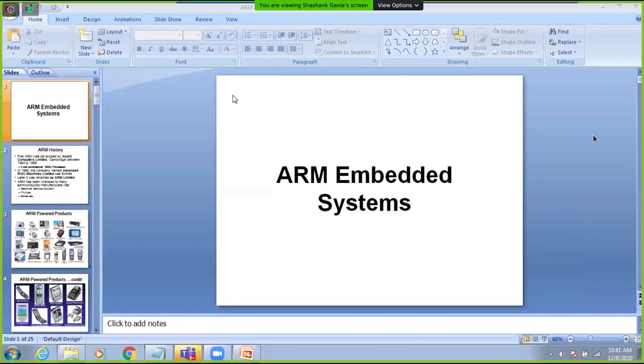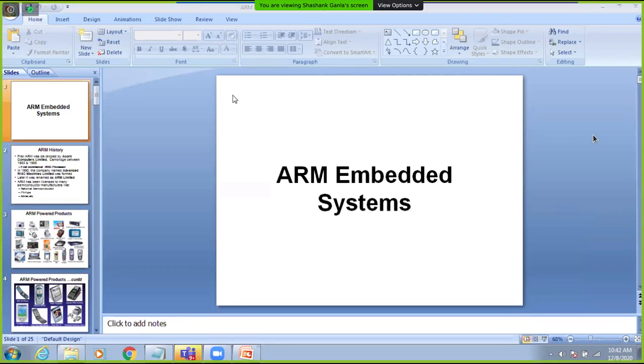This was an architecture conceived by a company called Acorn Computers Limited, somewhere in the early 80s. In a very short interval of time, when this architecture was designed by ARM Limited, it became very popular, a very attractive, captivating and sought after architecture.